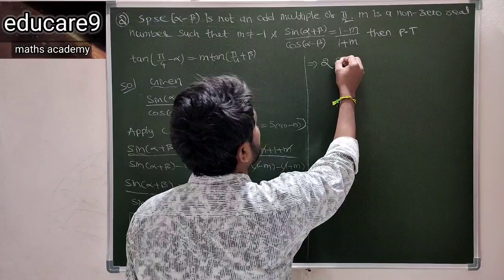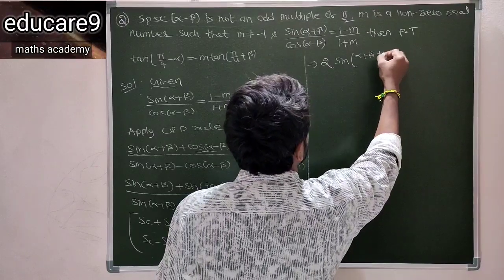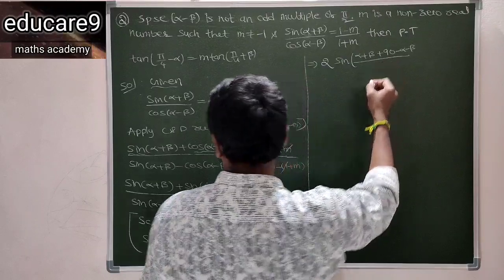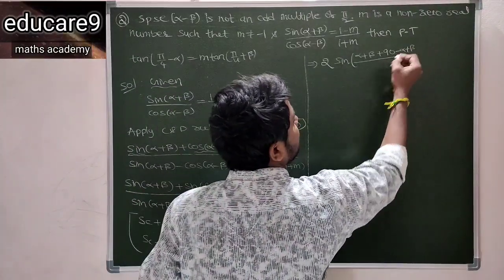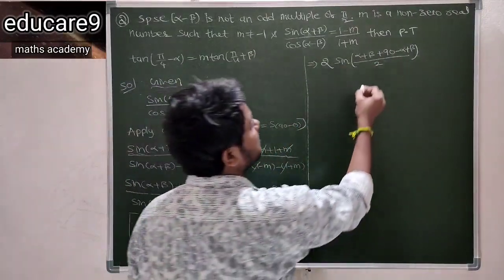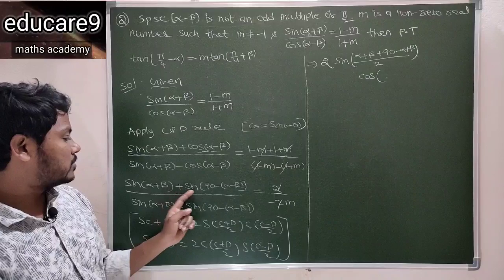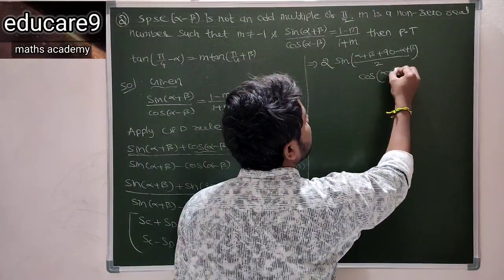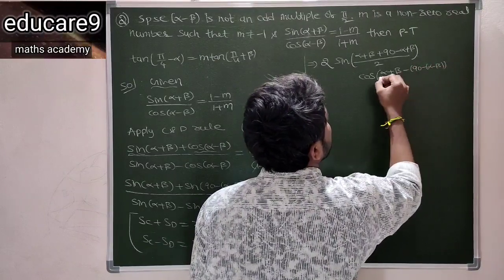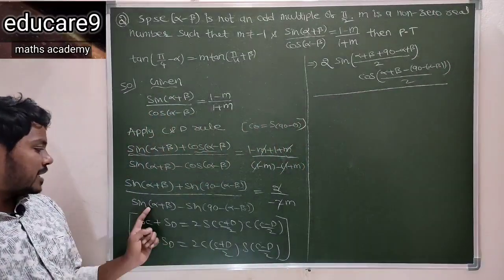See here, 2 sin alpha plus beta plus 90 minus alpha minus beta, divided by 2, into cos C minus D. So subtract these two. See here, alpha plus beta minus of 90 minus alpha minus beta, divided by 2. And again it is divided by sin C minus sin D formula.